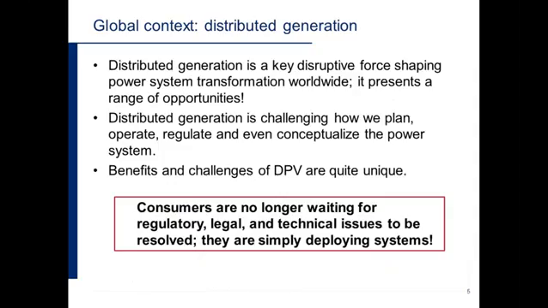But while it does offer so many significant benefits, it also presents some challenges, and distributed generation is really challenging globally how we plan, operate, and regulate the power system. And this can be particularly noticeable in emerging markets that may be defined by weak or underdeveloped regulatory regimes, limited cost recovery mechanisms for utilities, and very fragile utility business models.